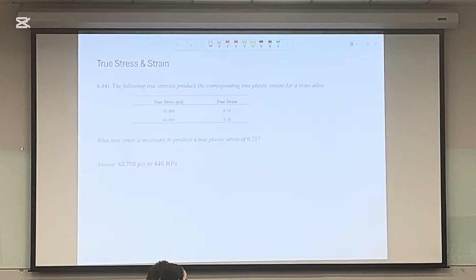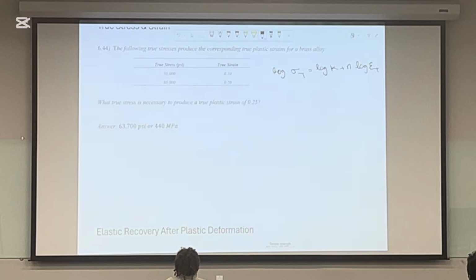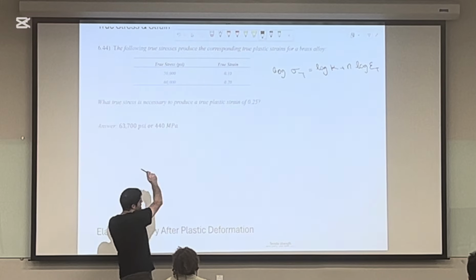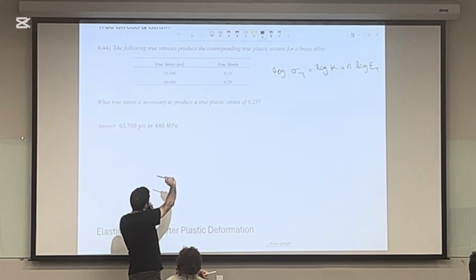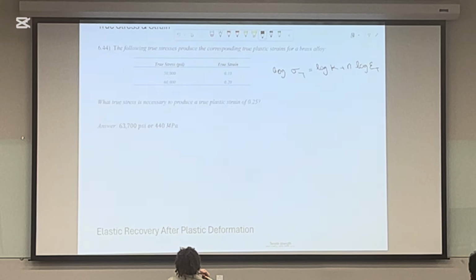So for this question, it says log σ is equal to log k plus n times log ε_t. Here you have two samples, two data points. You can just plug in those data points, then you will have two equations and two unknowns, right?